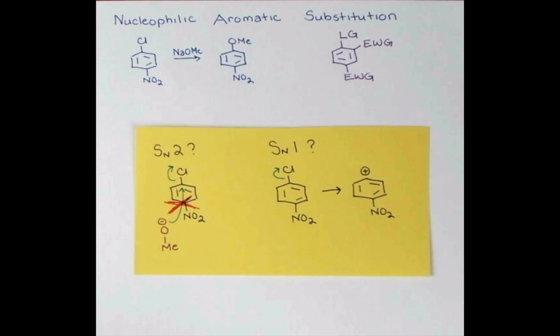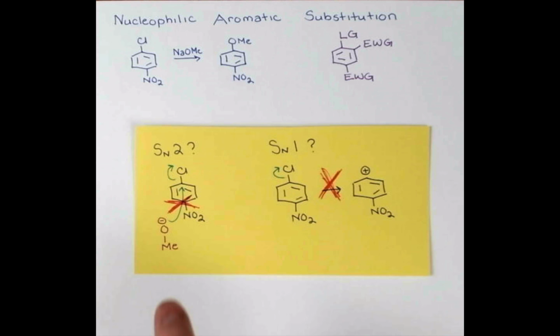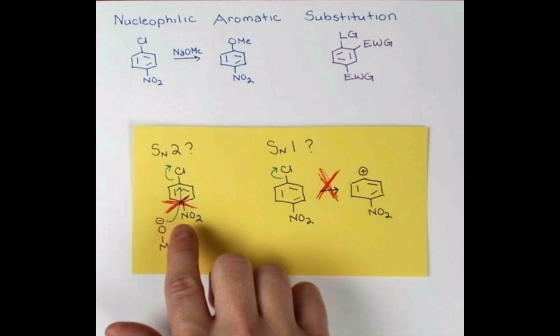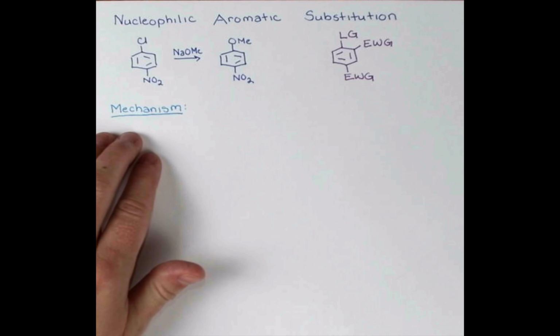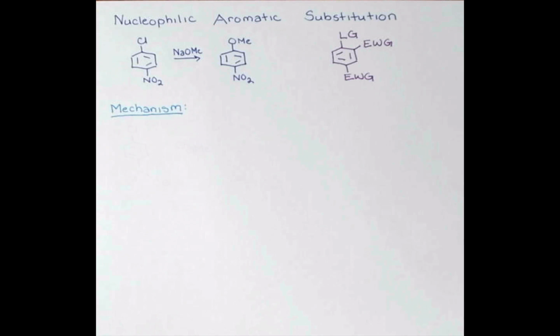So this is just a reaction that cannot occur. And before I throw away these mechanisms and ask you to erase them from your memory forever, I want to really point out Sn2 is for tetrahedral carbon, and it does not work with vinyl halides or aryl halides like we have here. Then how does this mechanism occur, and why do we need electron withdrawing groups?